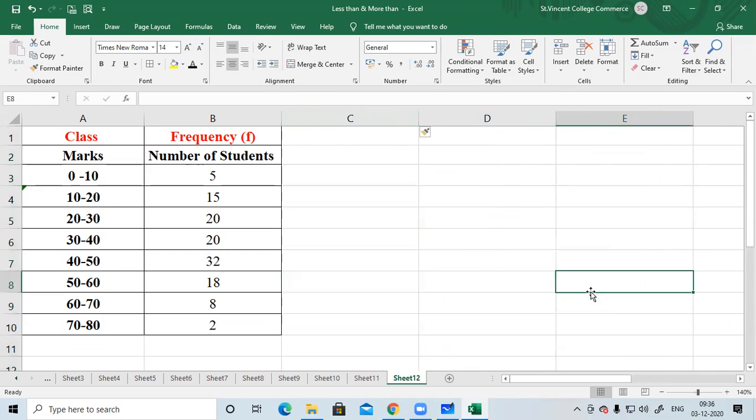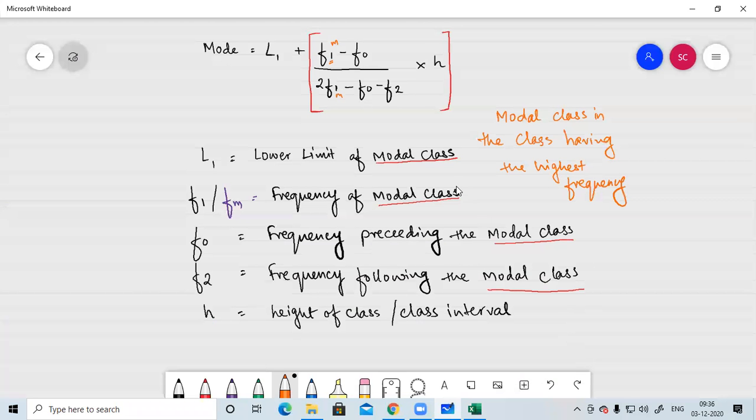Can you see the question here? The class says marks and the frequency is the number of students. Now here, if you look at the formula, it says modal class, modal class, modal class. Like in median, we have to identify the median class. In mode, we need to identify the modal class.